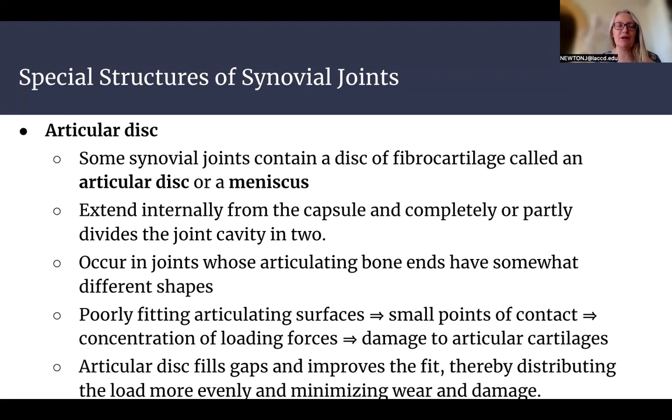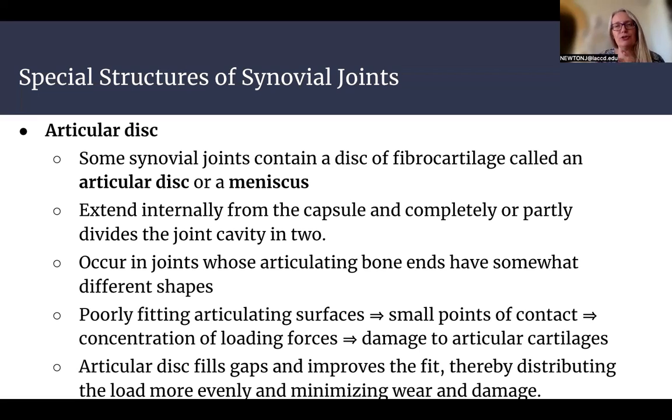Because when we have articulating surfaces that aren't fitting well together, then only small points of contact are happening. And that means that the loading forces going through that joint can get concentrated, and that can damage the articular cartilages and possibly the bone underneath.